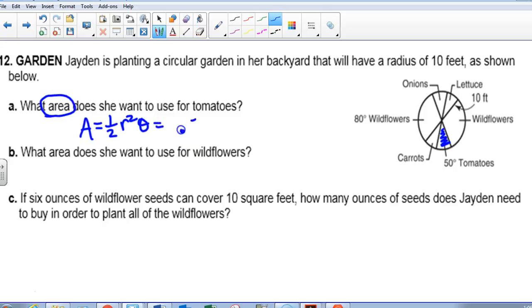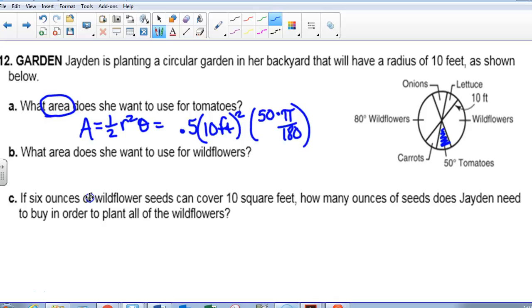So we're going to use 0.5. What's our radius? 10 feet. And theta? 50 degrees times pi over 180. Now that reduces, but we're just going to type it in anyway. Can we just type 50 pi over 180?